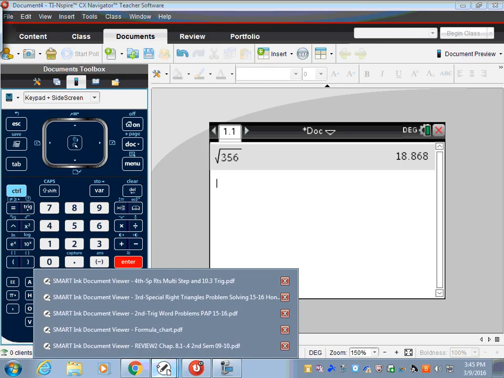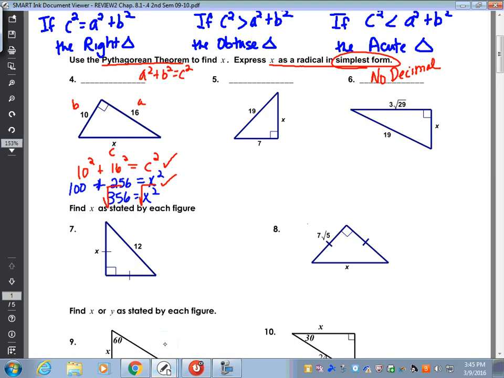So I need to simplify the 356. Let me get back to what we have. So I have my square root of 356. I'm trying to get a perfect square that is divisible into 356. So I know 4 works.